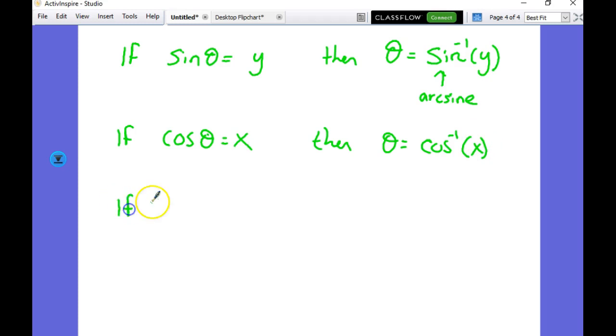Finally, if tangent of theta is equal to, I'm just going to make a new letter. I'm not going to put y over x because it's kind of unnecessary. But if tangent of theta is equal to a, some number a, then theta is equal to arctan of a.